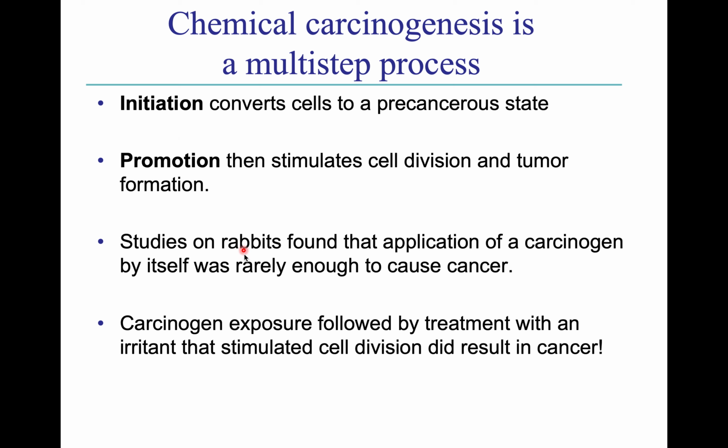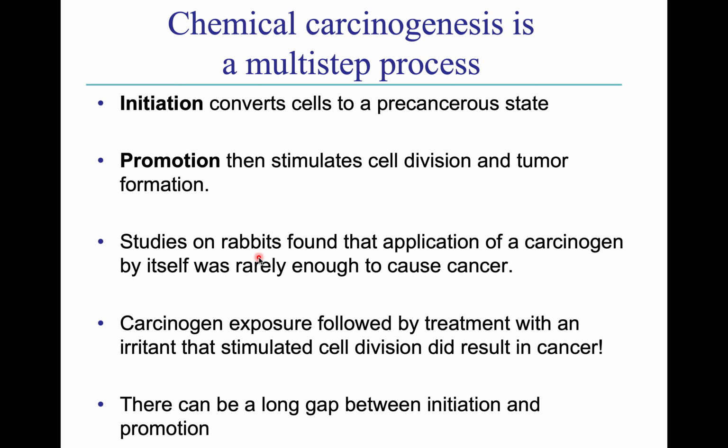So I'm going to show you some examples where they're doing studies on rabbits, and rarely could application of a chemical carcinogen by itself cause cancer, but if you pair that carcinogen with what we call a promoting element, something that kicks on cell division, then we would see cancer rates developing and increasing pretty quickly.